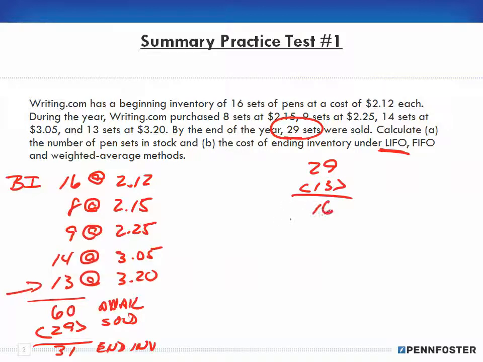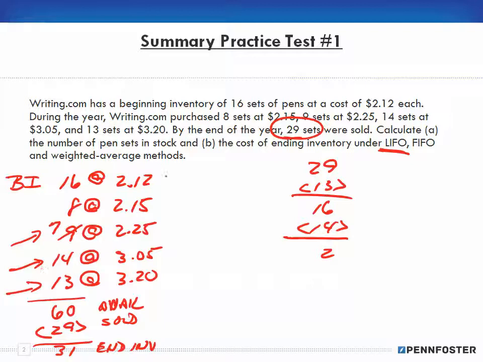That gives me 16. Then I can take out this 14, and that gives me 2 left over. Okay, so out of this 9, I have to take out 2 more, which means I only have 7 left.